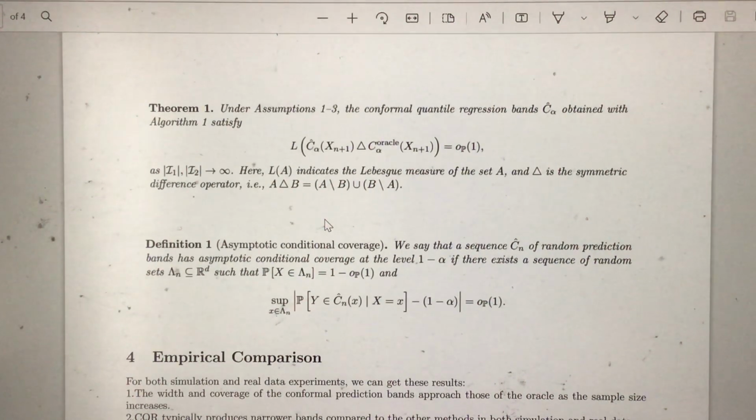The next one is the definition of asymptotic conditional coverage.